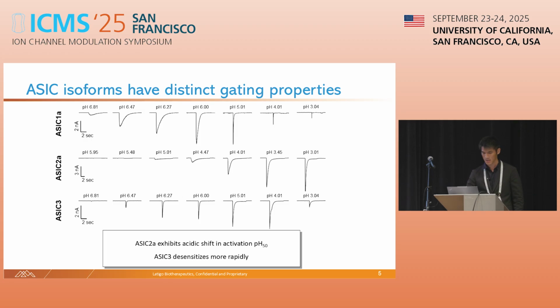ASIC1 desensitizes faster as the pH drops, whereas ASIC3 remains similar throughout, maybe a little bit slower at lower pH. ASIC2, on the other hand, has a big acidic shift in its activation pH, so you can see that with the pH stimulus going down to pH 5 it only starts to activate, and really activates at a much lower pH.